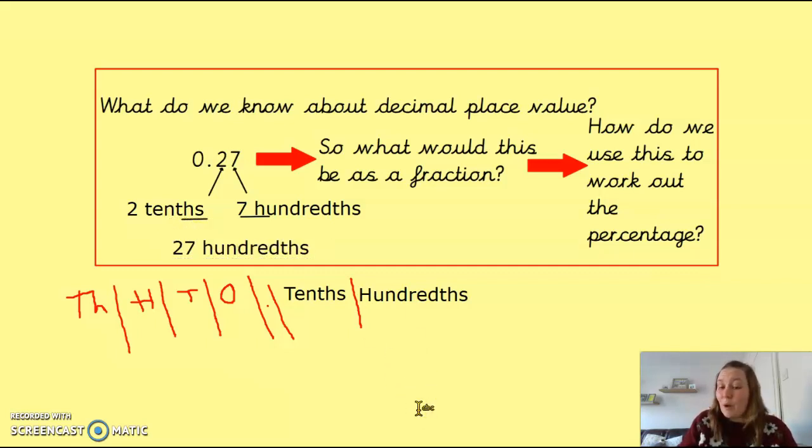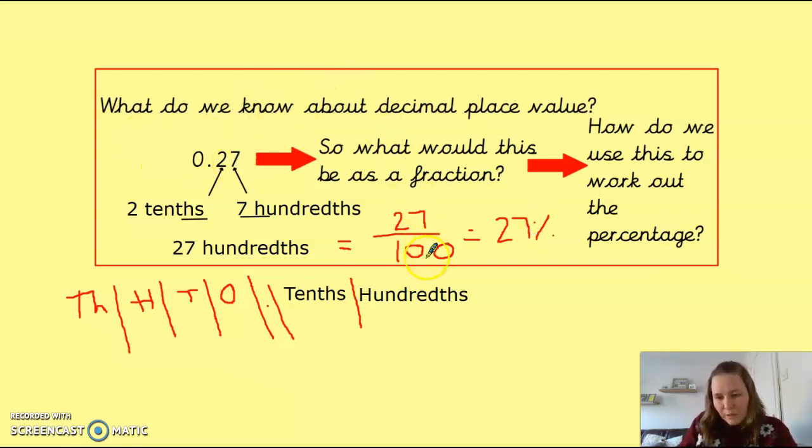So if I think about what that looks like as a fraction, 27 hundredths means 27 out of 100. That's what it's going to look like as a fraction. And what's it going to look like as a percentage? It's out of 100. So it's going to look like 27%. Okay, so 0.27 equals 27 hundredths equals 27%.